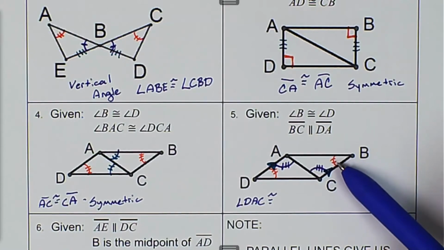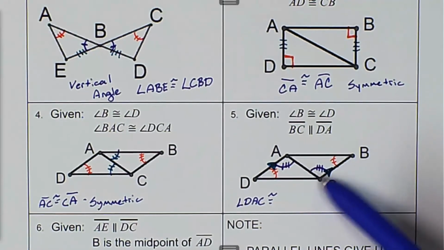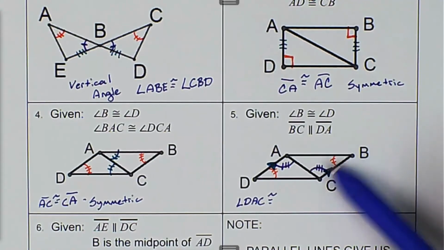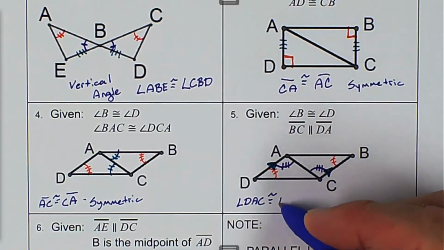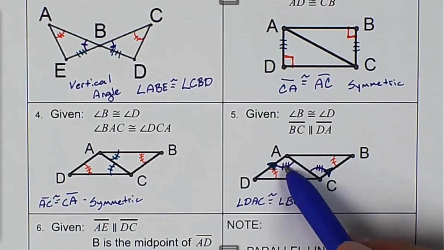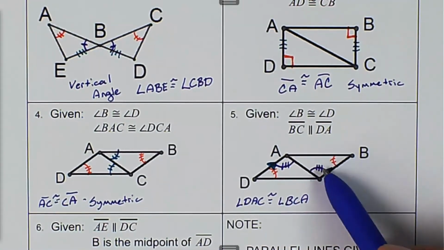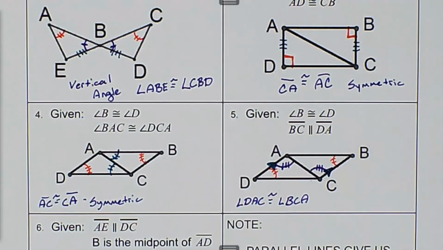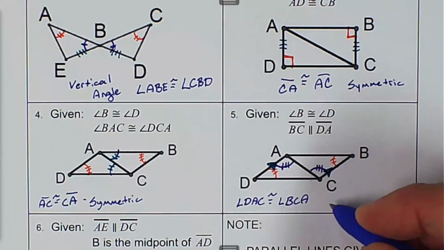Now we're going to do the same thing. We're going to start with the 2 congruent marks, so 2 to 3 to 0, 2 to 3 to 0, so BCA. We have to go in that same order. And the reason that we can say that is because of alternate interior angles.